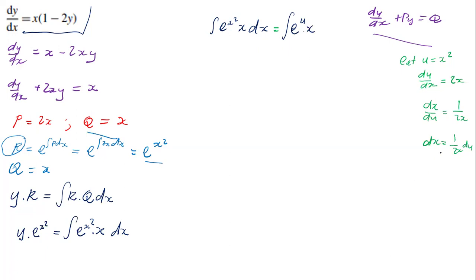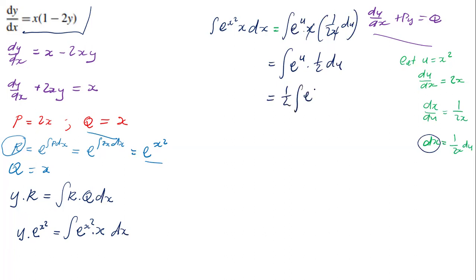And then the dx is 1 over 2x du. And therefore, we have the integral of e to the power of u. This x will cancel that x, and therefore we have multiplied by 1 over 2 du. Now let us integrate this. I take 1 over 2 as a constant outside of the integral sign, and I have e to the power of u du.